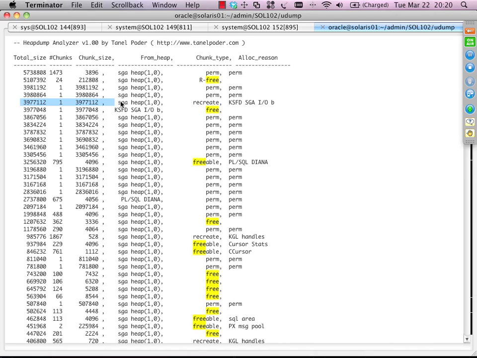And you see, we have allocated almost 4 megabytes from the shared pool heap. It's a recreatable chunk, and it's probably pinned all the time, I think. And what we allocated it for is this, so this is the chunk type.